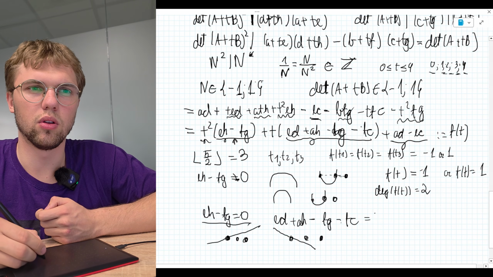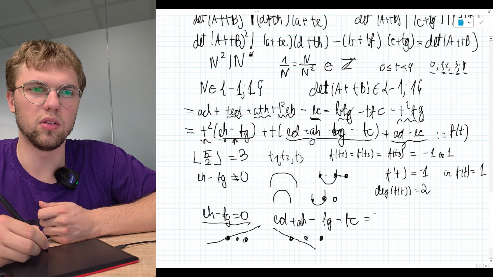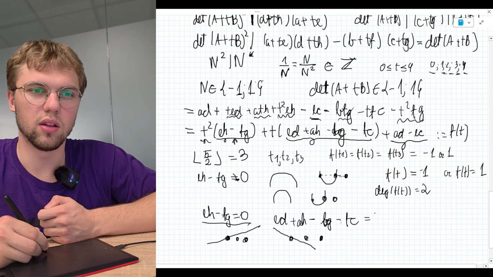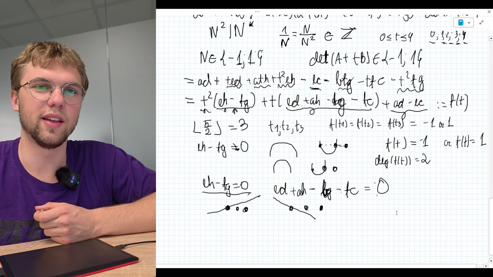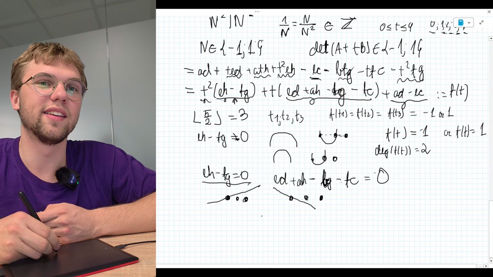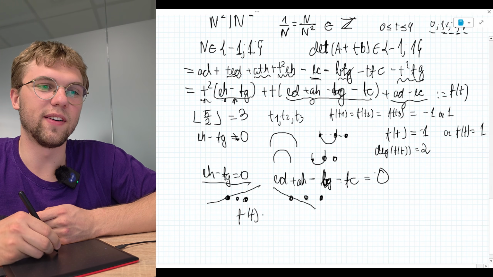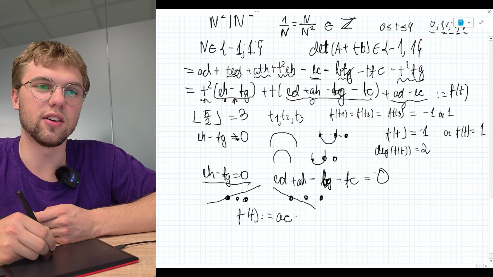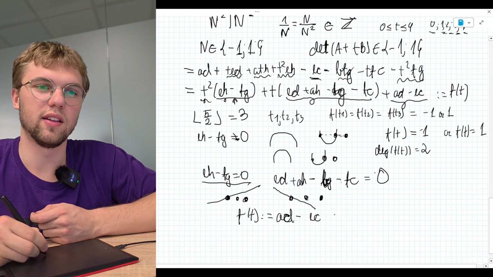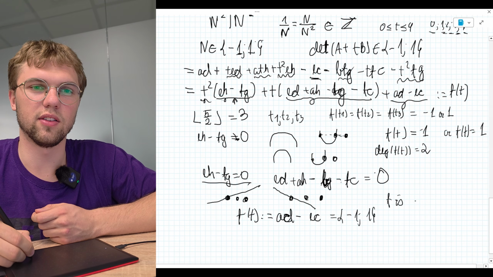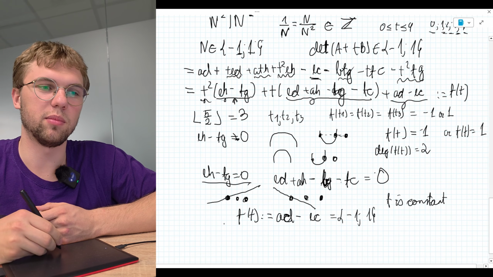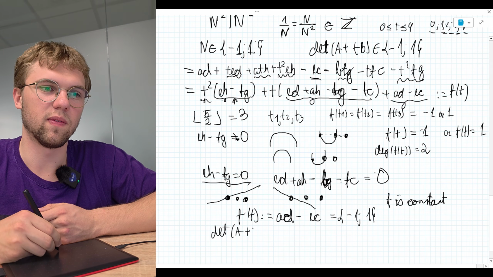This is B and this is F. So this also must be 0. And hence, the whole function is constant. F is constant. And once again, when I'm saying f, I mean this.